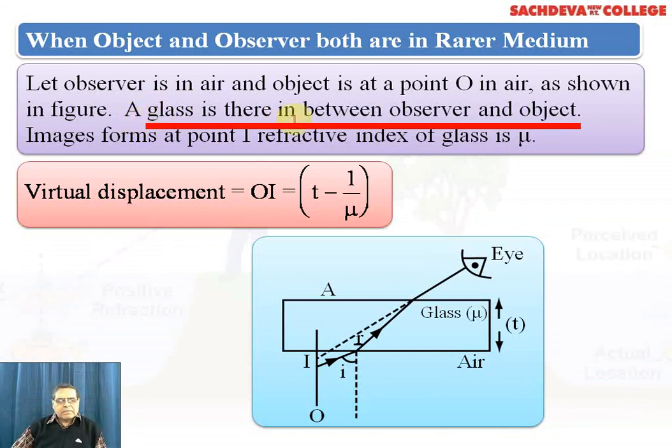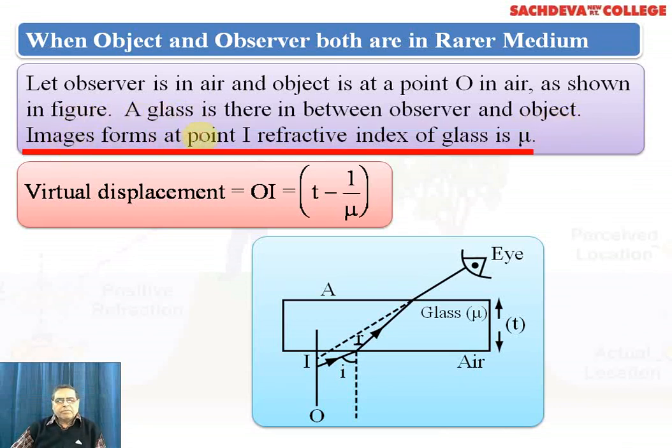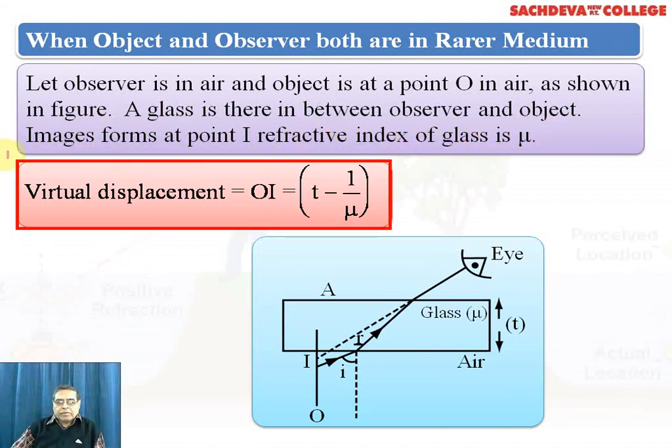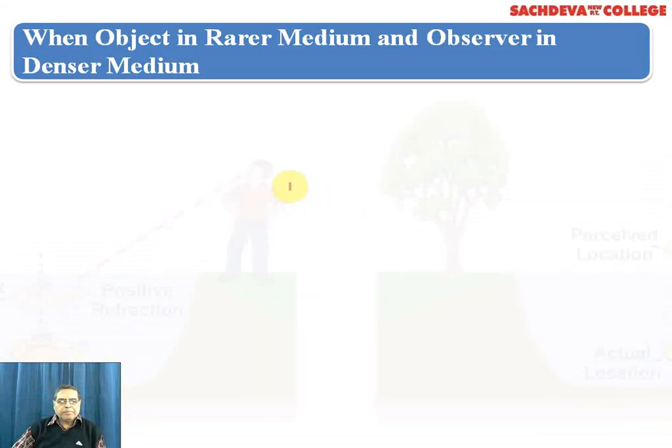A glass slab is there in between observer and object. The image forms at point I, refractive index of glass is mu. So virtual displacement is OI, and it is given according to the previous formulas as T into 1 minus 1 over mu.